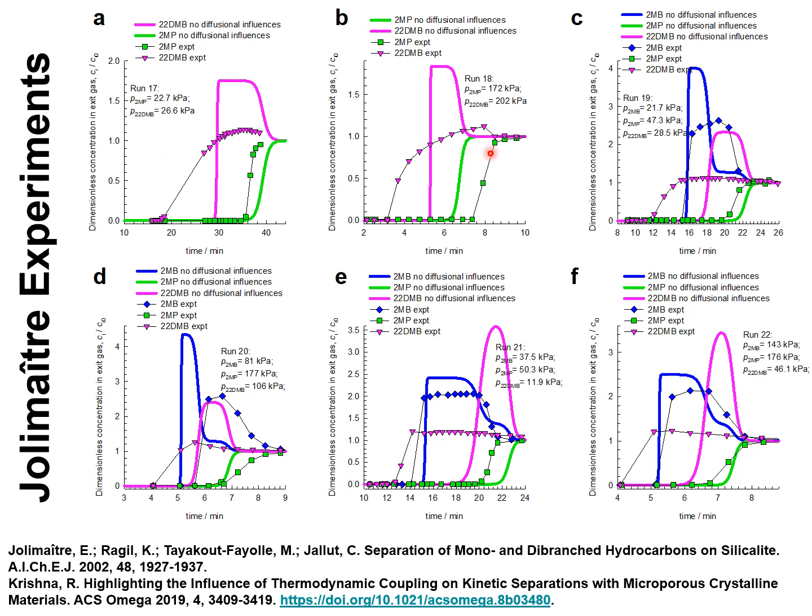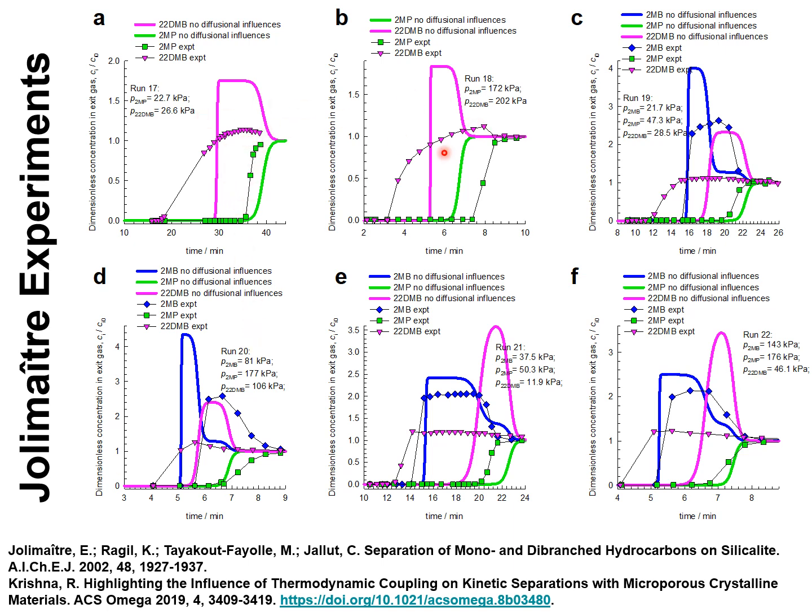In these 6 figures, A, B, C, D, E, F, I plot the experimental data of Joly-Maitre as published in the AIChE Journal in 2002. The experimental data are shown by the symbols.